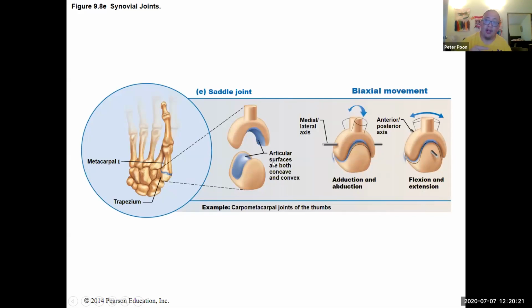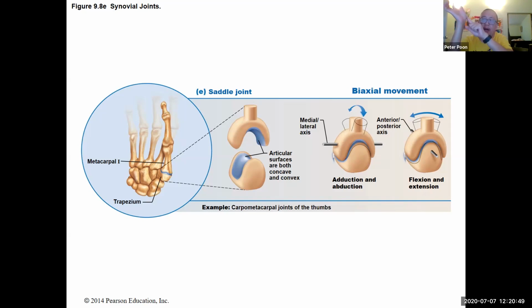There's only one good location in here, and that is the carpal metacarpal joint of the thumb. It is not this joint, it is this joint. This is your saddle joint. This is what allows for opposition. The carpal wrist bone right here, so the carpal metacarpal joint of the thumb.